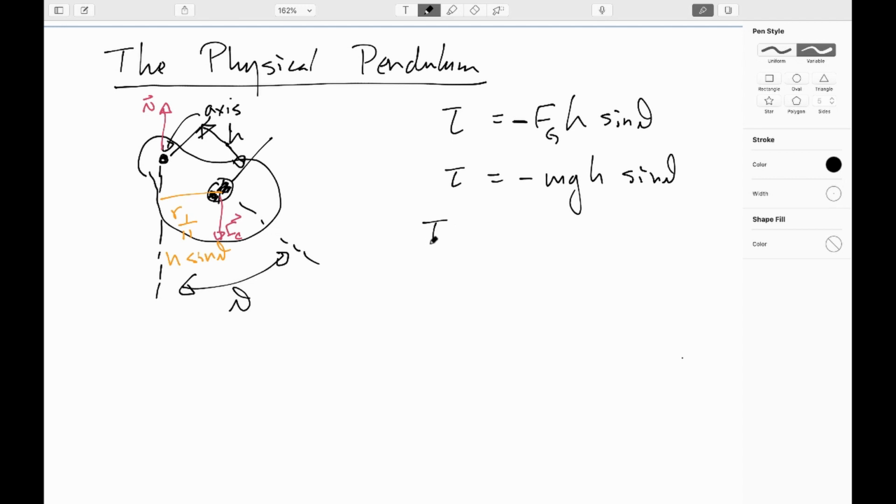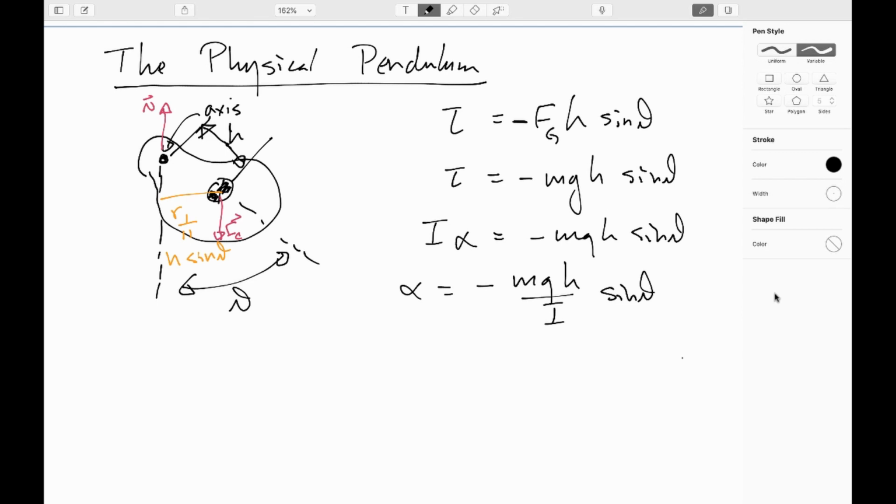And then we can say the torque is equal to I alpha, and then we get that alpha will be equal to minus mgh over I times sine theta.